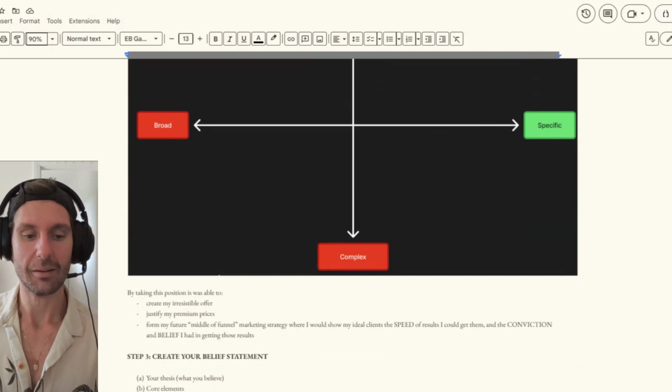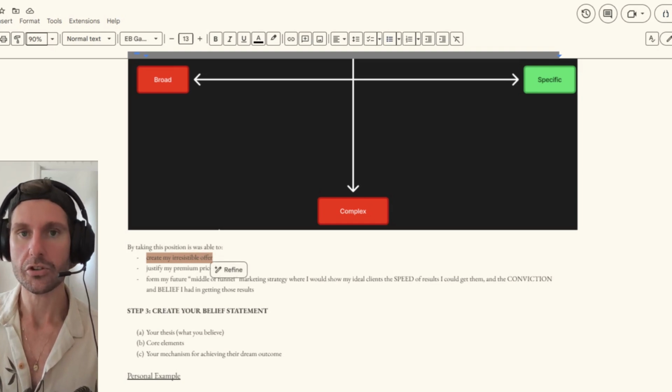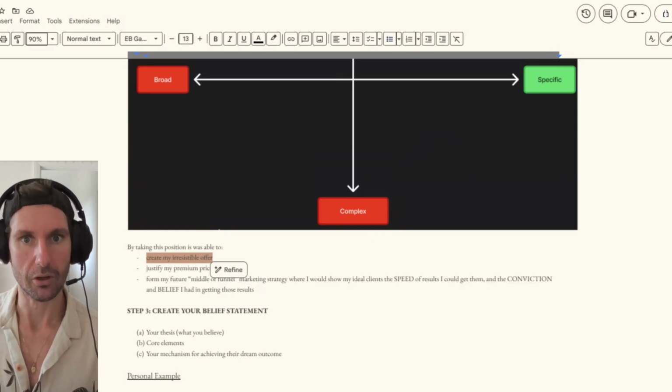Okay? So by taking this position, I'm able to create an irresistible offer that shows my ideal clients how simple it is for them to do and how much they're going to learn from it and be able to implement and achieve their specific result.